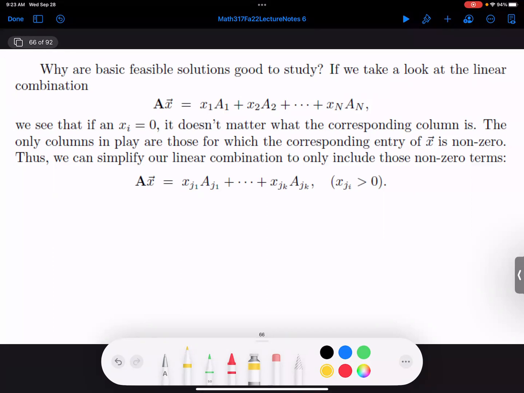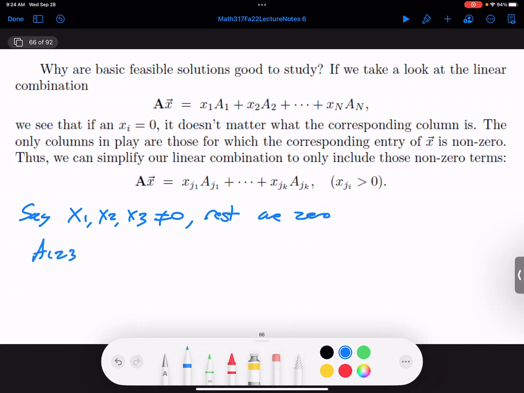So if I tell you that we'll look at the pruned matrix. So let's say x1, x2, x3 do not equal 0, rest are 0. And we'll let A1,2,3 be the matrix A1, A2, A3.